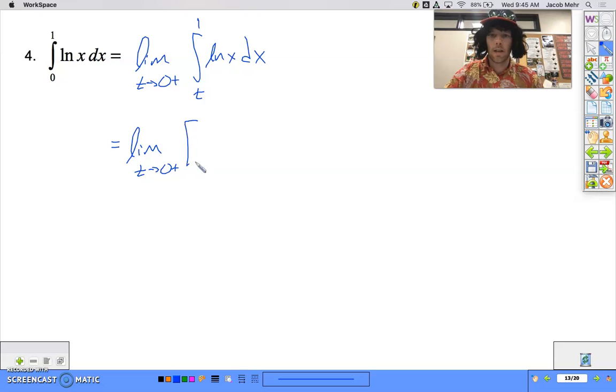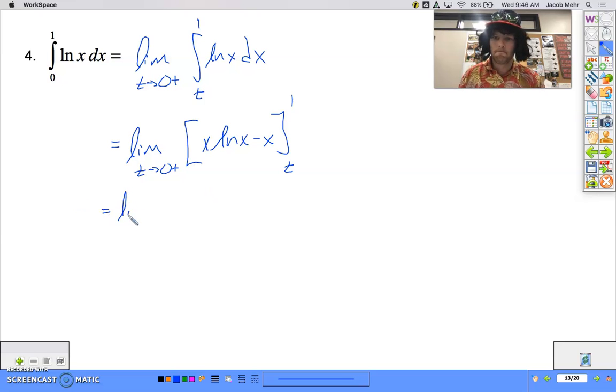Okay, so the antiderivative of the natural log of x is x natural log of x minus x. That should be straight from your derivative antiderivative rule book. We're going from t to 1. All right, substitute in our 1. We have 1 natural log of 1.